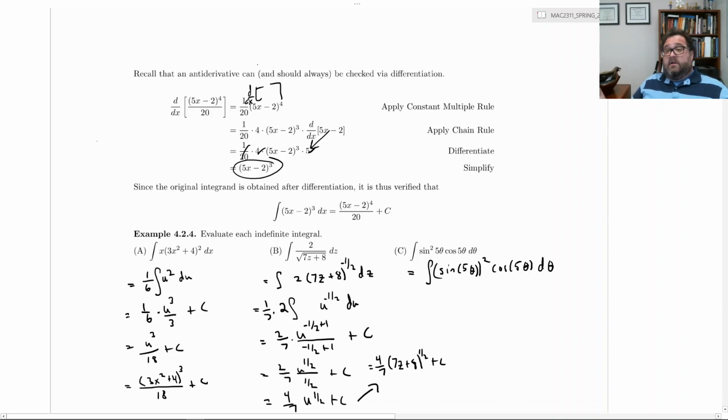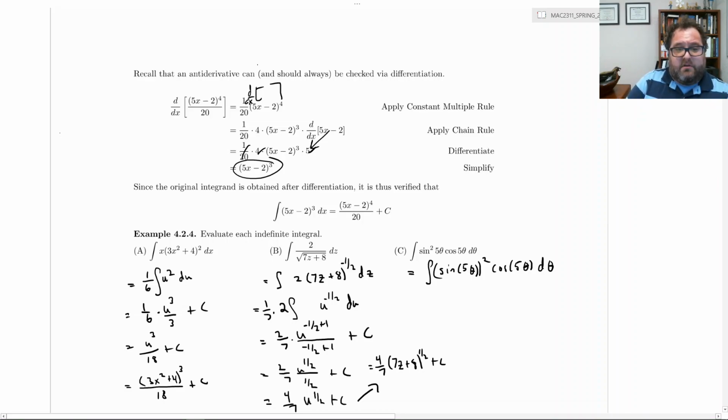If you said the inside function is 5 theta, I wouldn't fault you for saying that, because that's definitely the inside function of something. I don't think it's the right inside function. So if you try to use your substitution and hit a roadblock, well, maybe it was the wrong substitution. Try something else.